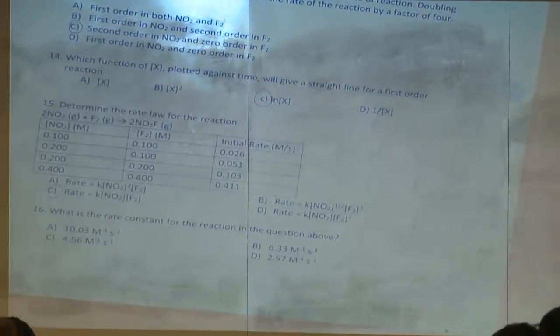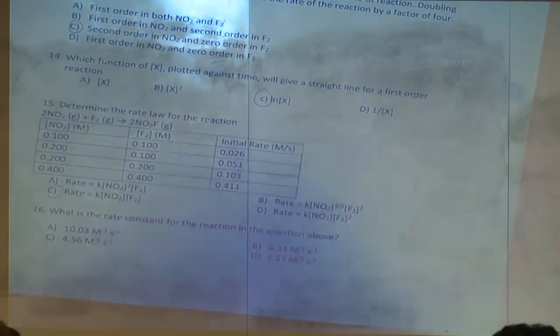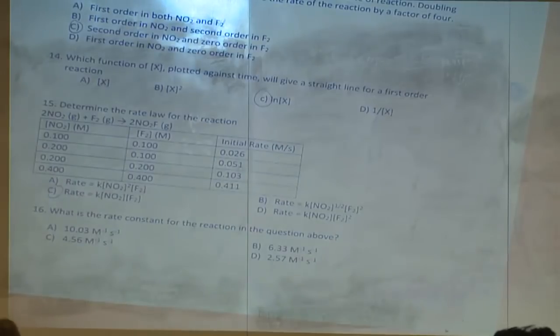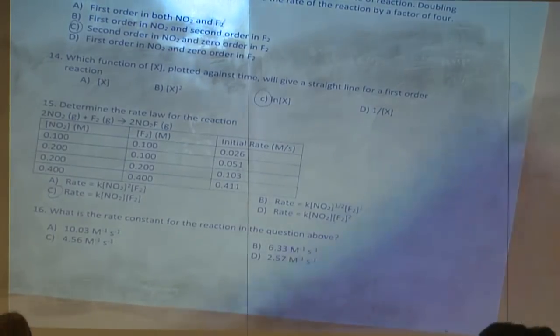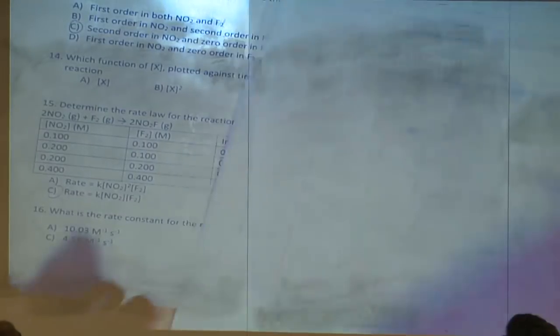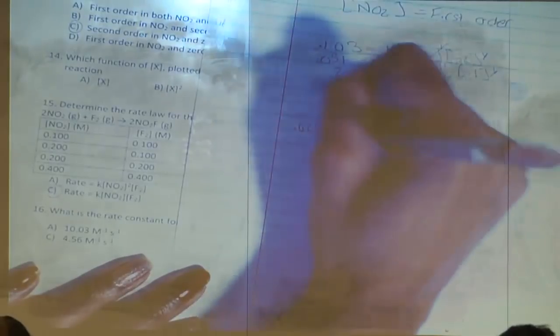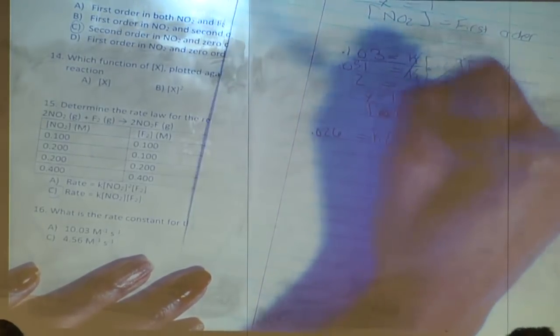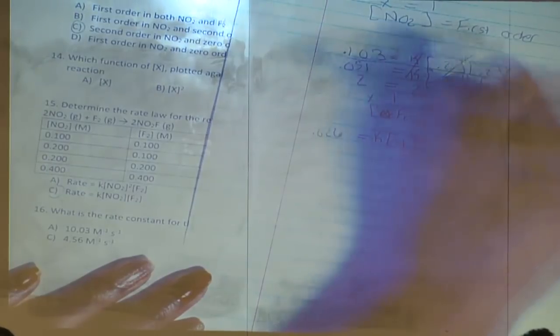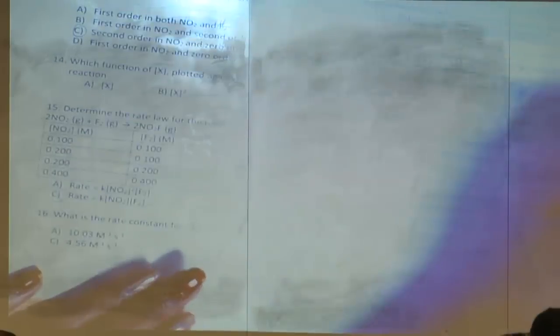Okay. Now 16 asks for the rate constant of the reaction. Now to figure this out, we're just going to look at one set of data. We're going to figure out what K is, since we already know the rate order for the two reactants. So we're going to pick the first one. So the rate for the first one is 0.026 equals K. Concentration of NO2 is 0.1. We said NO2 is first order. Concentration of F2 is also 0.1, and it's also first order.